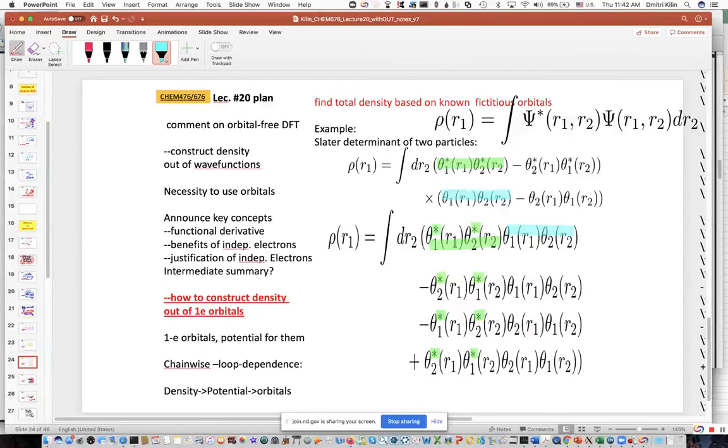Then we get the first pair with star, minus sign, second pair without star.